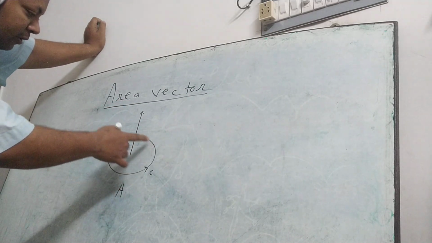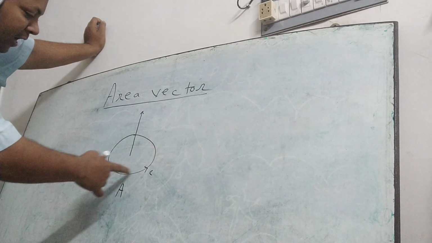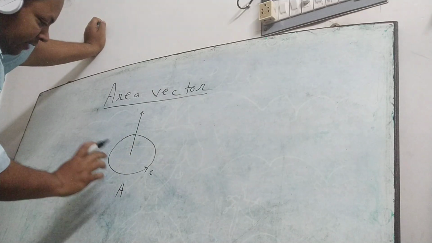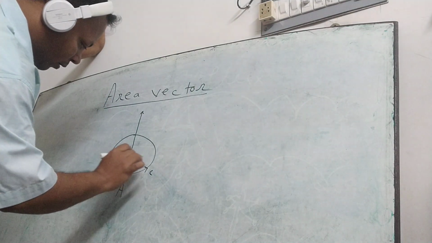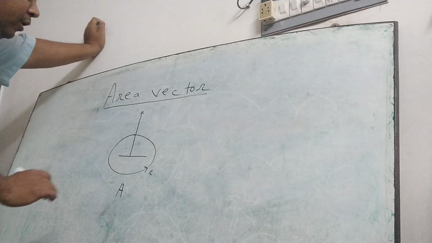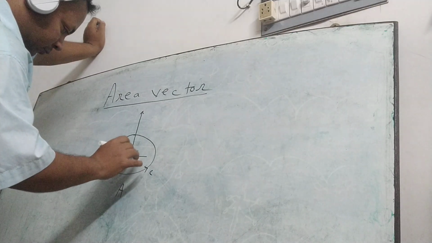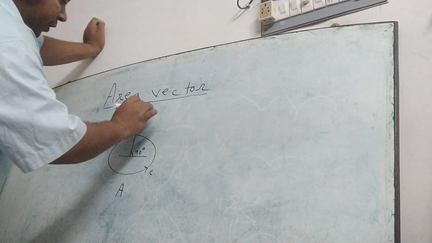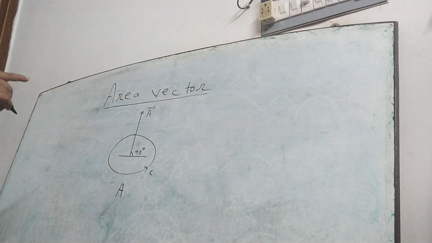This two-dimensional surface is closed by the line C, and its area is capital A. That means the magnitude of the area is capital A. Now we draw a normal to the area, and this normal must be in the outward direction. Then this normal denotes the direction of the area vector, and the magnitude of the normal is equivalent to the magnitude of the area vector.